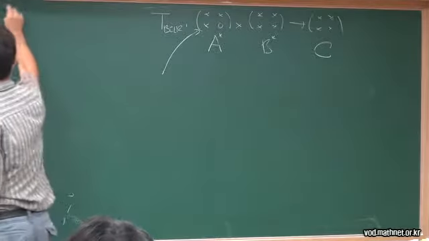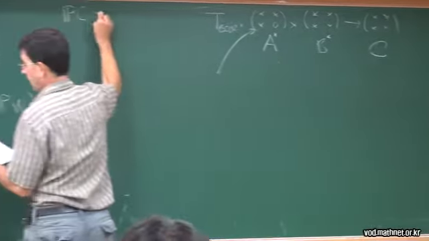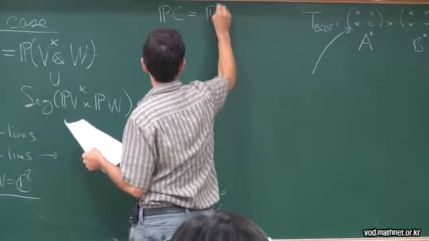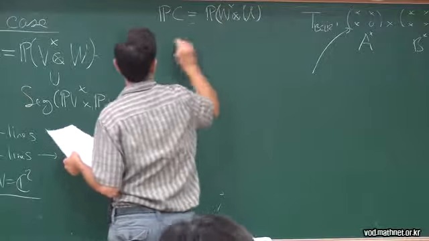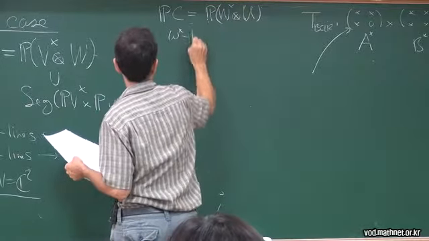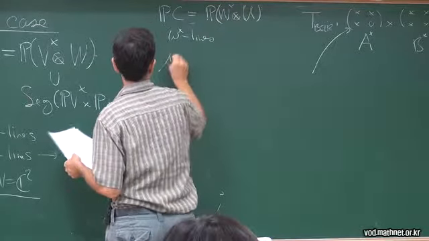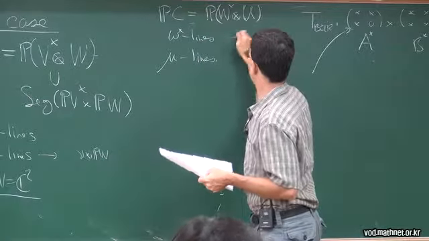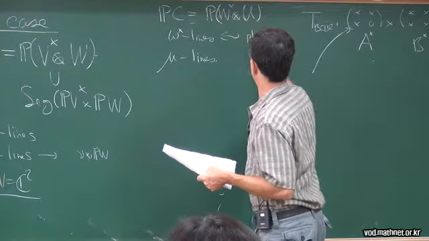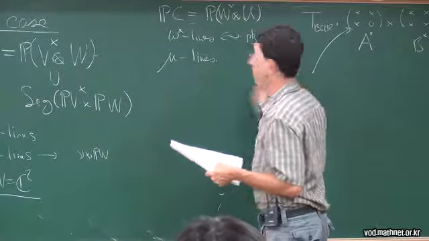So in PC, I have EW star tensor U. I have omega star lines and mu lines.